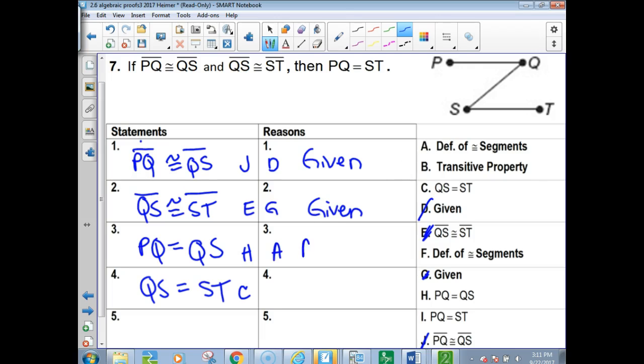A would be definition of congruent segments. You can write segs, and I abbreviated definition with F. The next one would be F, which is another definition of congruent segments. This will come up often, definition of congruence.